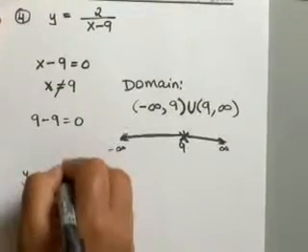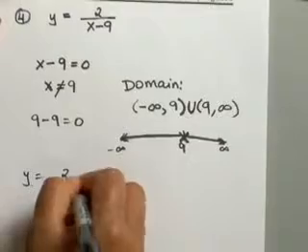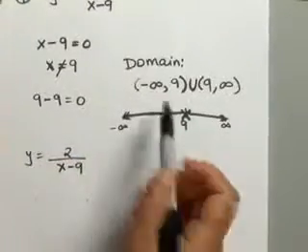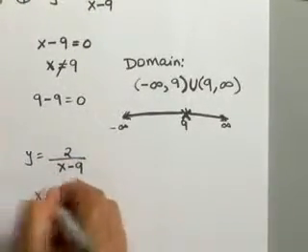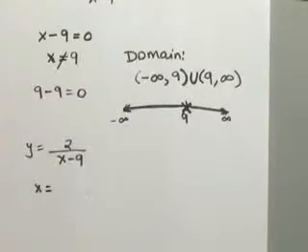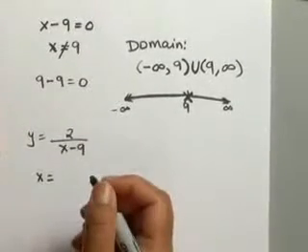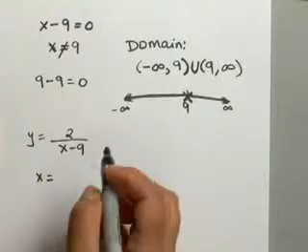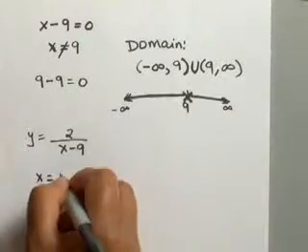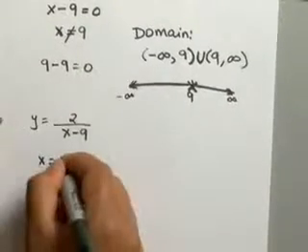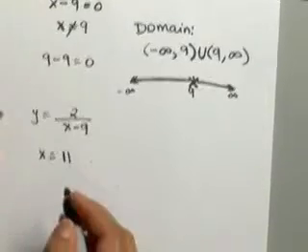So y equals 2 over x minus 9. Now, except 9, we can use any other value for x here. So how about, I don't know, let's say 11. The only reason I'm using 11 is because it'll be easy to work with.